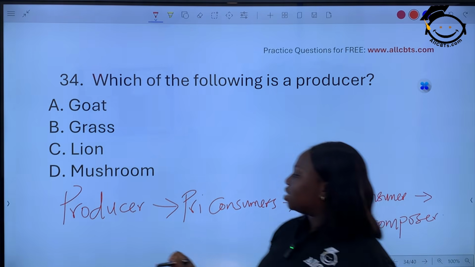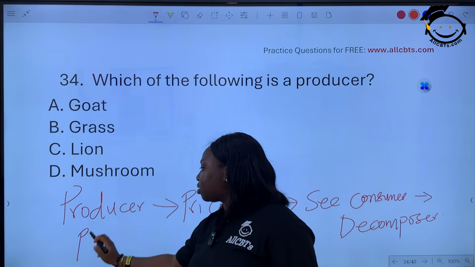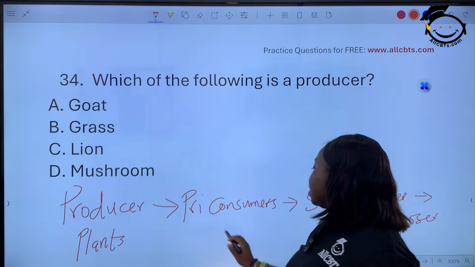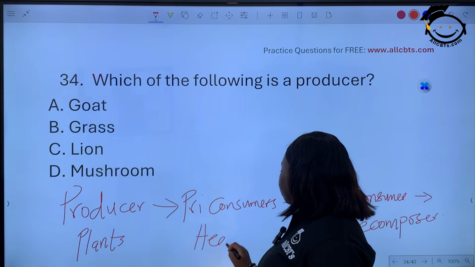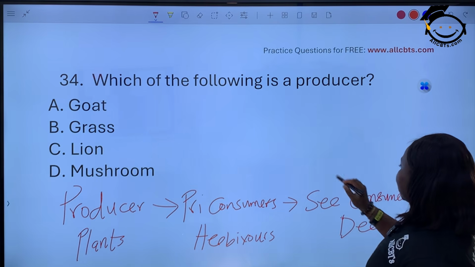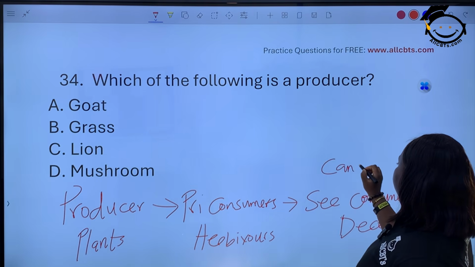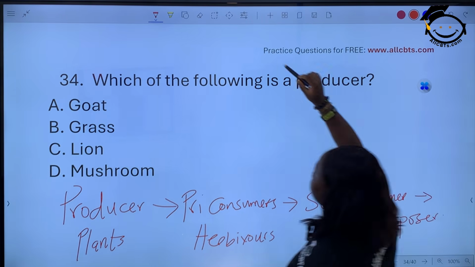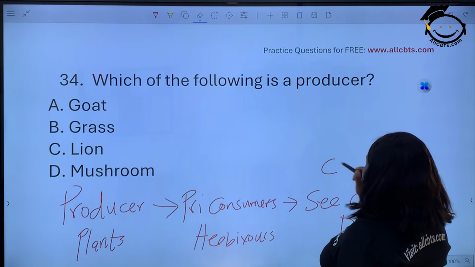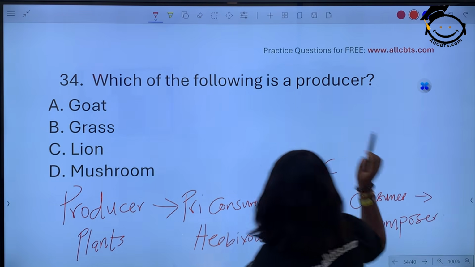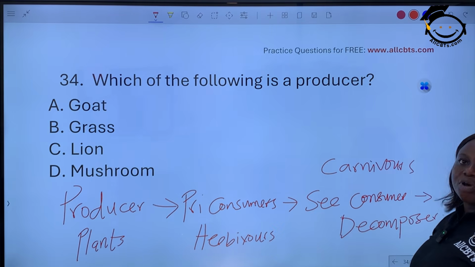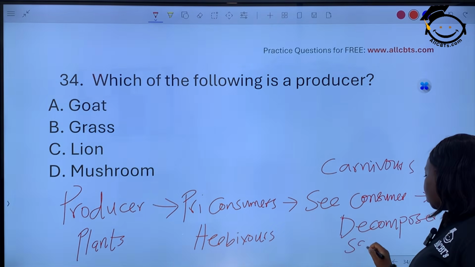So the producers, these are the plants. The primary consumers, these are the herbivores. The secondary, these are the carnivores, and the decomposers, those are our saprophytes.